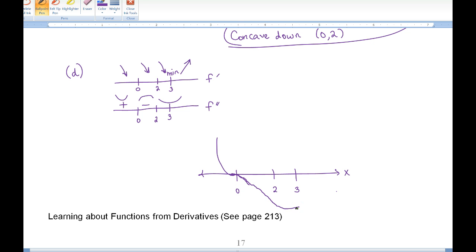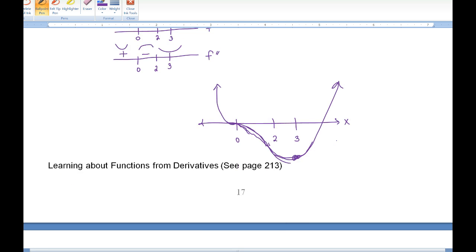And then it's going to be concave up from 3 on. So it kind of switches here, and then it goes down to -3. So -3 is a minimum. That's a really rough sketch there. But, you know, as you can see at 2, it's switching from concave up to concave down. Again, just a rough sketch.